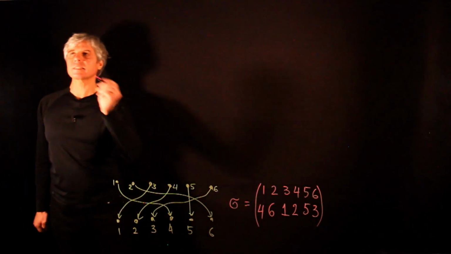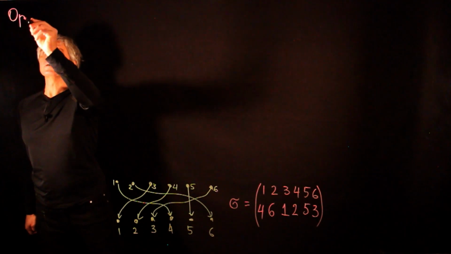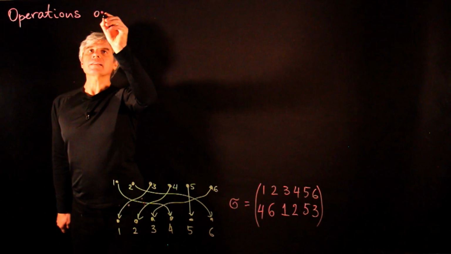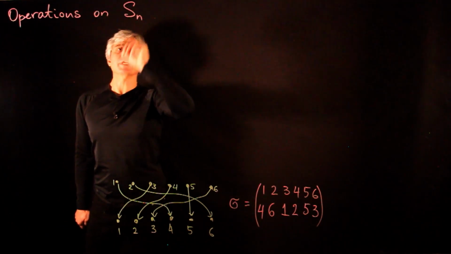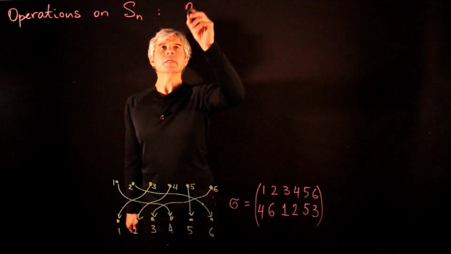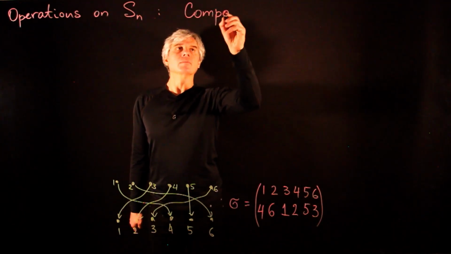Let us now discuss natural operations on the set of permutations of length n. And so the first operation is composition.